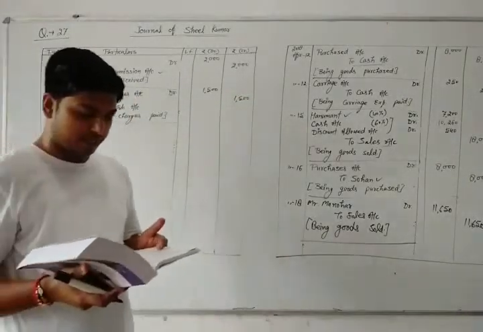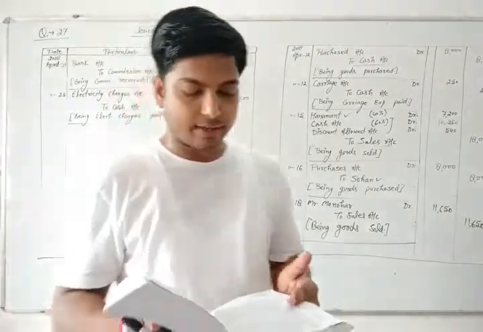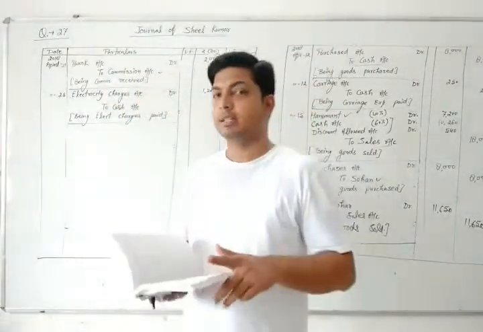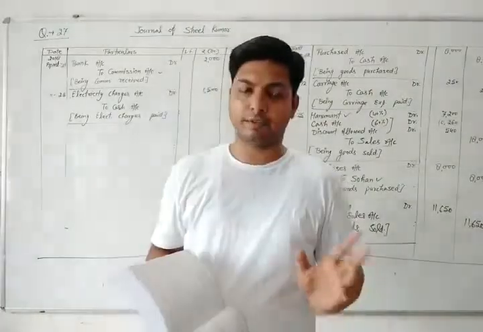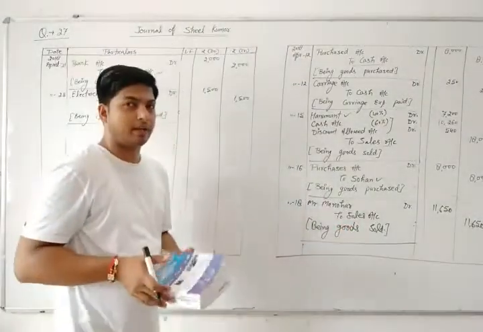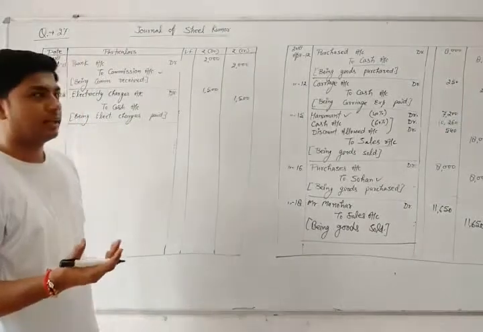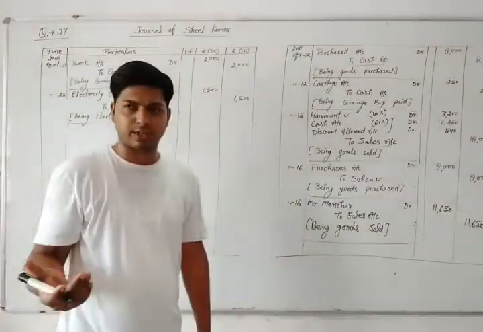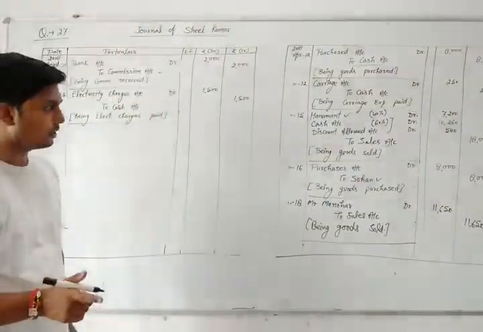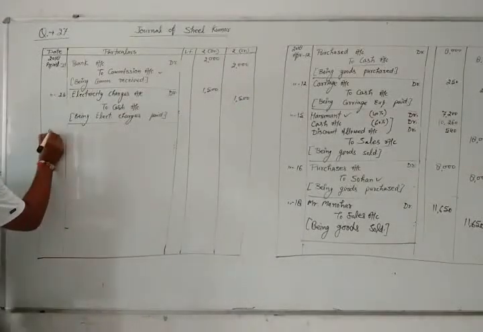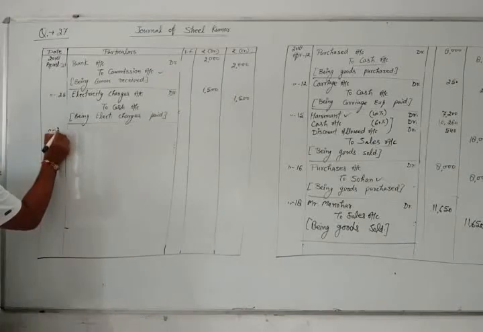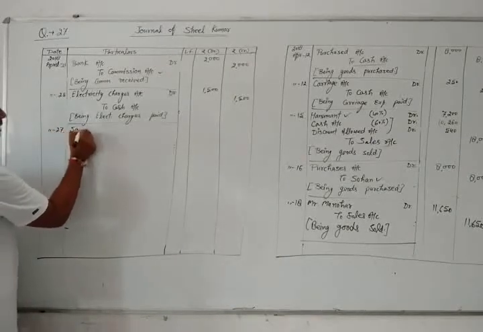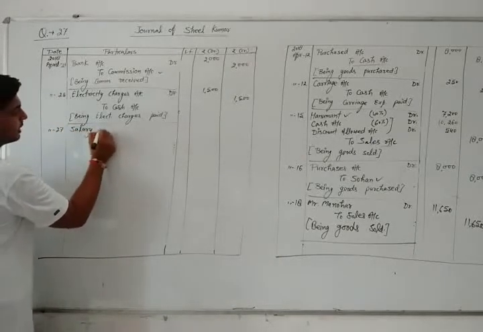Next, on date 27, it is salary due to accountant. Salary paid and salary due are two terms that vary. If salary paid, the entry is salary account debit to cash account, because cash is going. Salary due means salary is an expense, but we are not paying; it will be paid in future. So salary is an expense, definitely it will be debited.